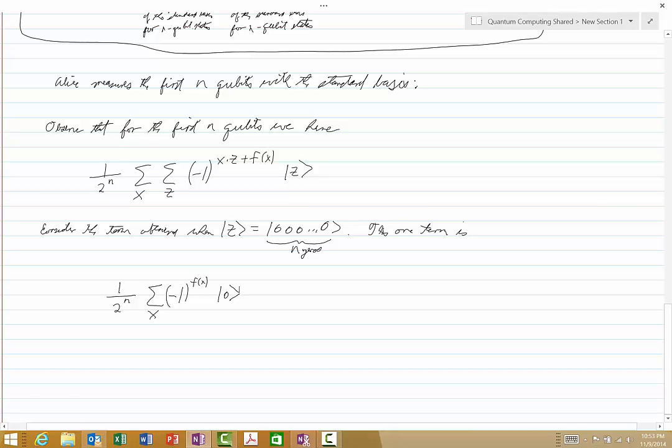So we would have 2 to the n different possible values for z. This, along with the 1 over 2 to the n, would determine the coefficient, but we're zooming in our attention on just one of those terms coming out of the z summation. And so the very first term coming out of the z summation would be this right here. And now let's think about what this is.